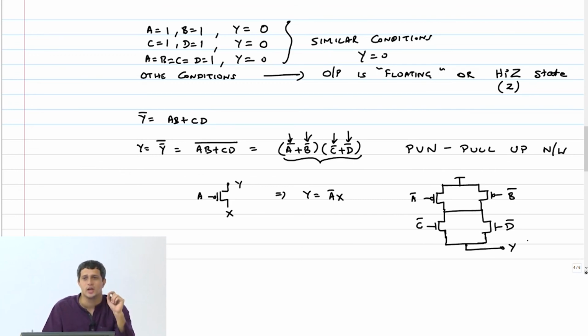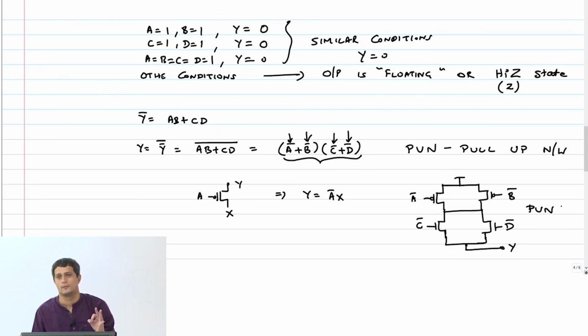So again, here the output Y, when the input combinations allow a path to VDD, right, which could basically be through any of these combinations, the complementary combinations of when it would go to 0, the output Y would go to 1, and otherwise it would be in high impedance, because I have not yet connected the pull down network here. I have just connected a pull up network to VDD. So in the other conditions, the output will float. Okay.